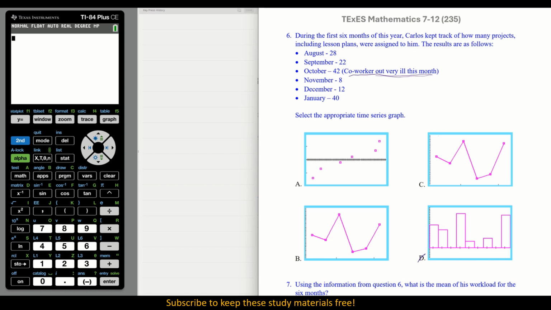Well, we know that that would be D. Now, the properties of a time series mean that the dots are connected. And A is actually a scatter plot. Yes, it has a positive correlation, but still a scatter plot with a correlation. So I'm going to have to get rid of that. And now we have 2.